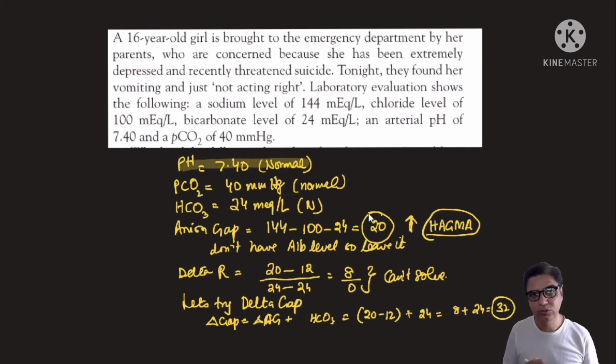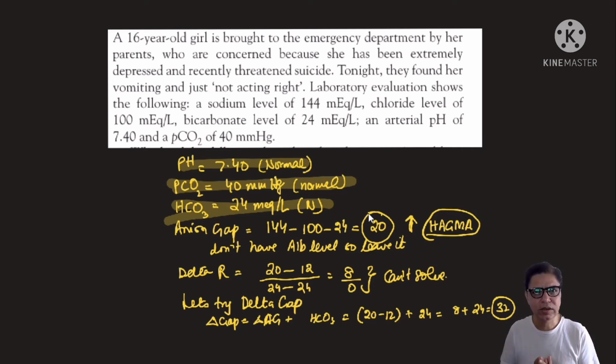I told you a normal pH does not exclude an acid-base problem. So you look at the PCO2 level. PCO2 is 40. Again, that is normal. Now you look at the bicarbonate. Bicarbonate is 24 milliequivalent per liter. This is also normal. So the pH is normal, the PCO2 is normal, the bicarbonate is also normal.